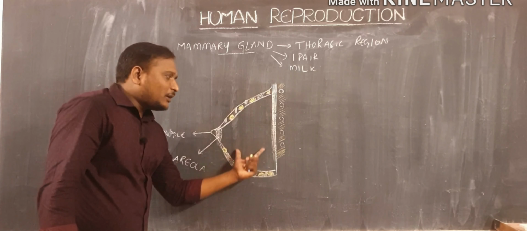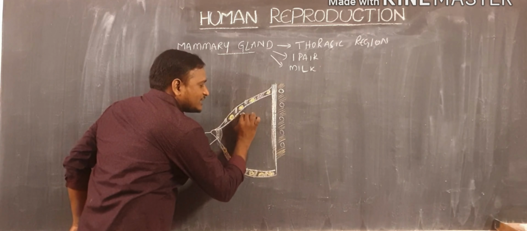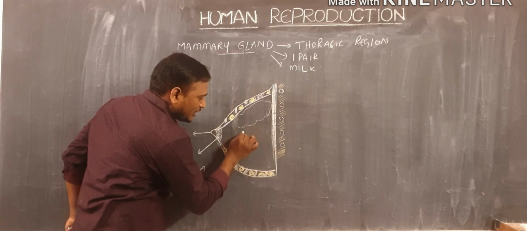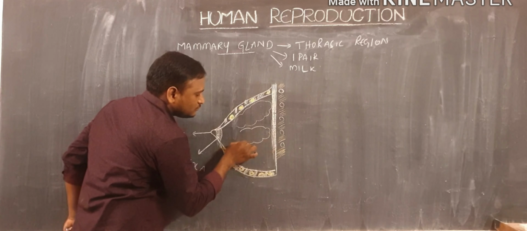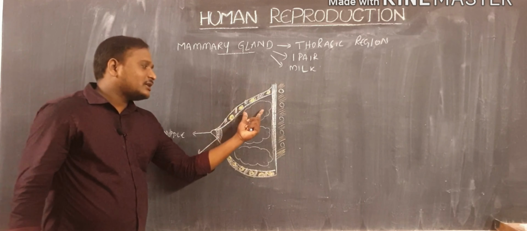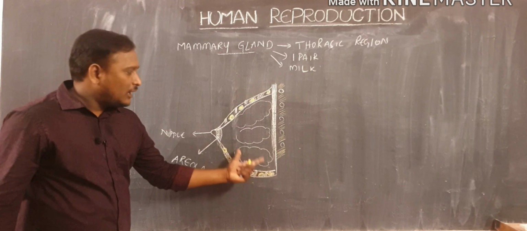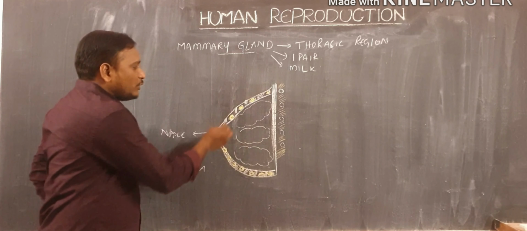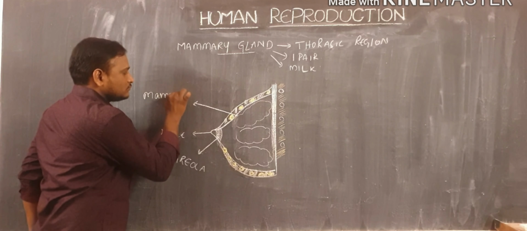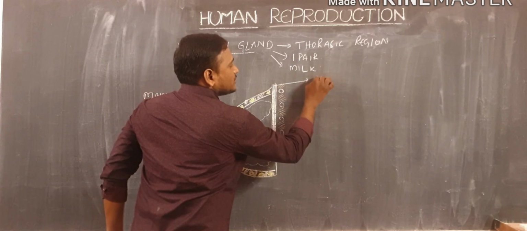Now the remaining portion of the mammary gland divides into 15 to 20 lobules or mammary lobes. Likewise, 15 to 20 mammary lobes are present in each mammary gland. This one is a mammary lobe. This one is the pectoralis muscle.